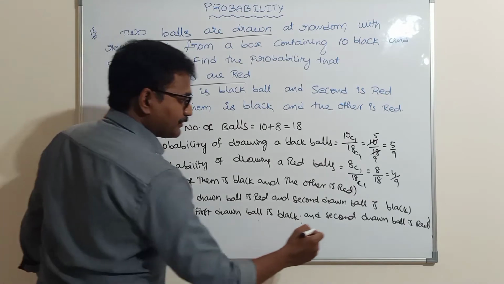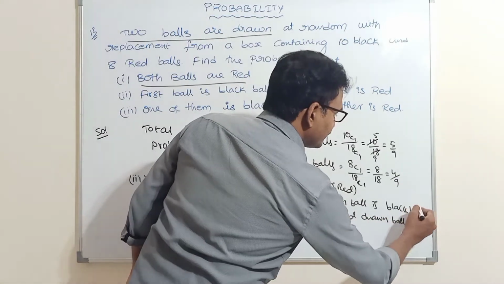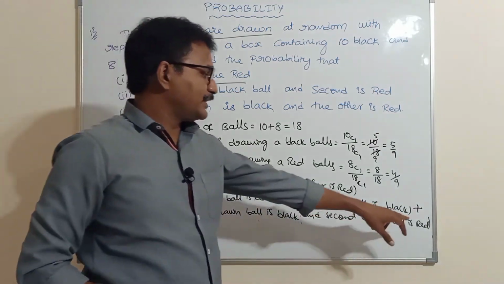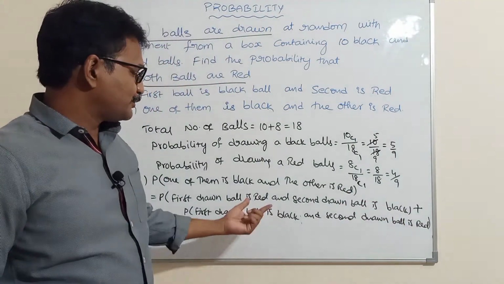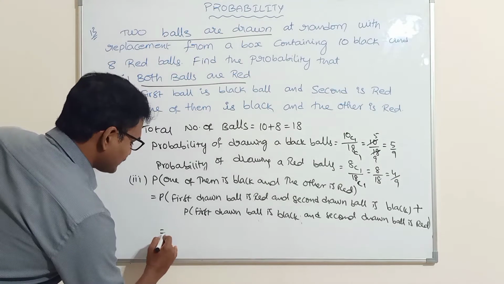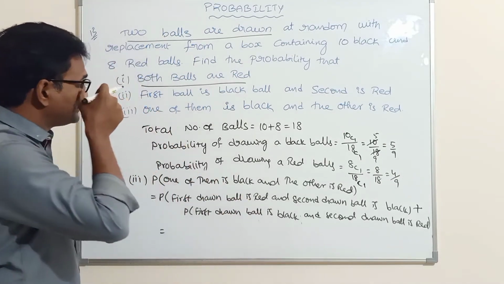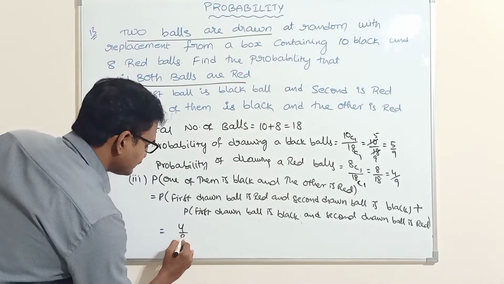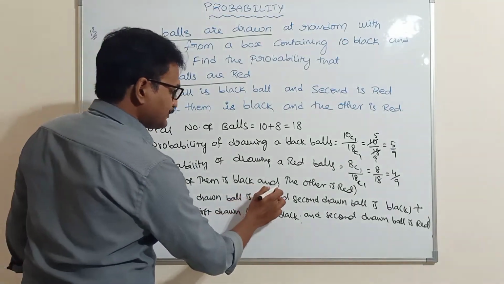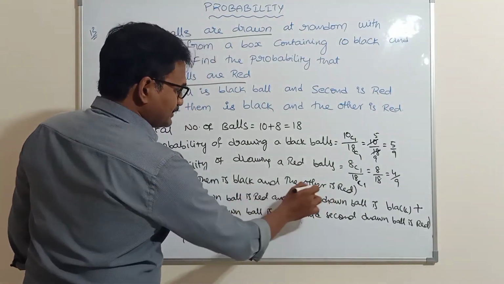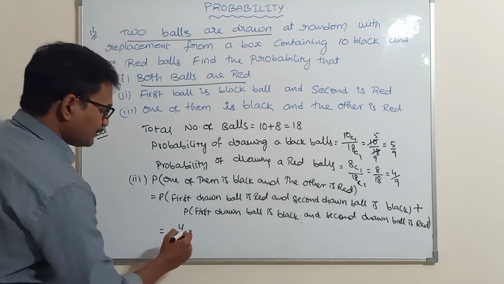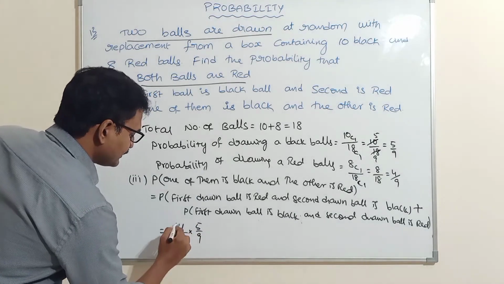Whenever the keyword or comes in probability, we use the plus symbol. So two cases. For the first case, the probability of drawing a red ball is 4 by 9, into, because it is an independent event, the probability of drawing a black ball, 5 by 9.